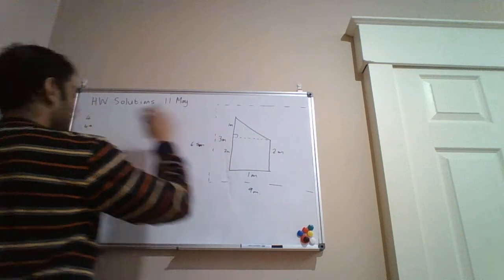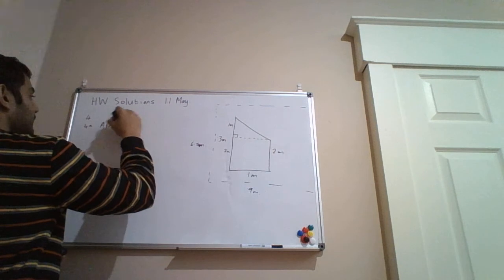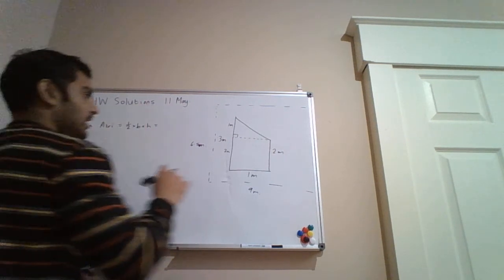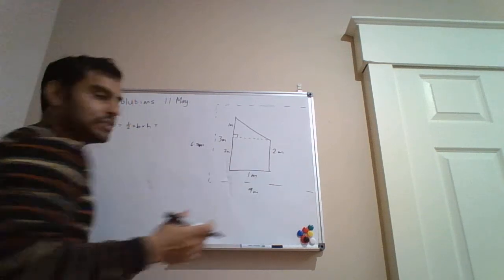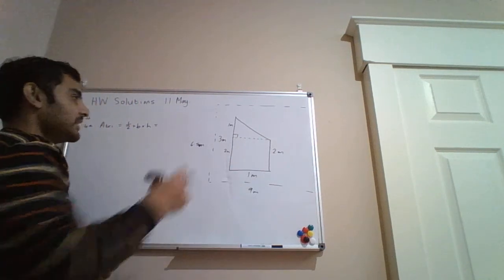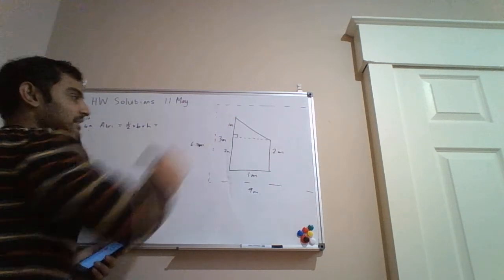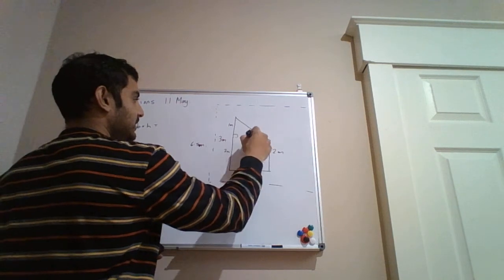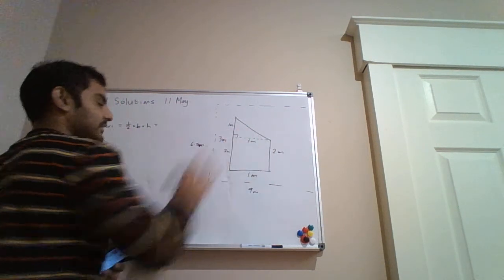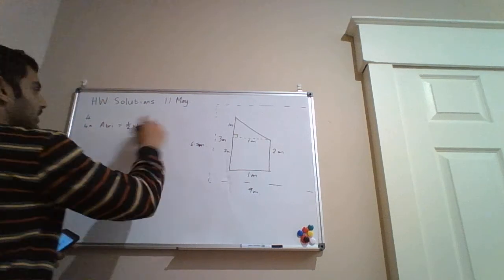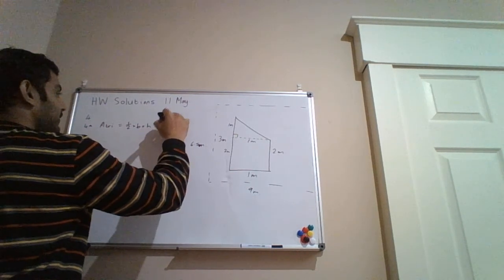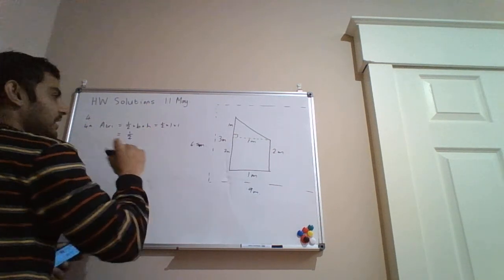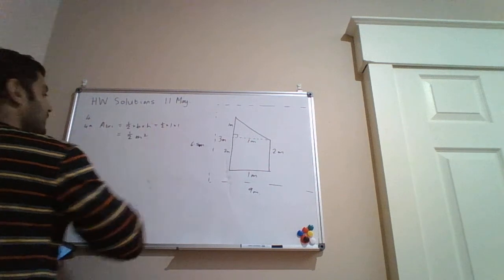So the area of the triangle equals a half times base times height. So because it's a right angle triangle, the height is going to be this side by the 90 degrees. Sorry, I missed 1 meter. This side is going to be 1 meter as well. The opposite sides of the rectangle are the same. So let's plug that in. We've got a half times 1 times 1. So that's a half. And our unit is meters squared.